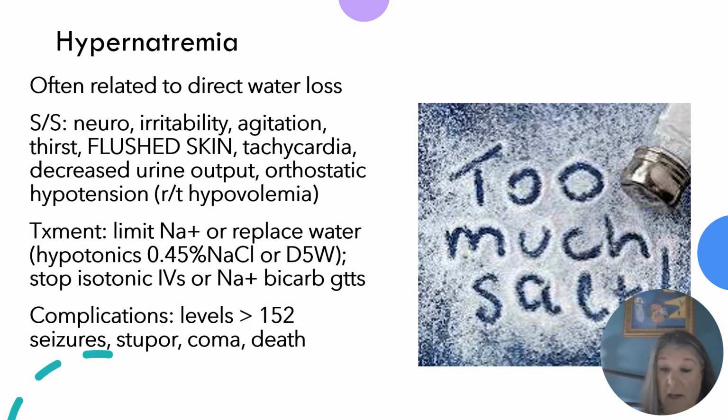With half NS, we're going to be putting more fluid back in than sodium. Complications greater than 152: seizures, coma, death. So seizures, coma, death are a thing, period, with too little or too much salt. We always worry about that, and we worry about those changes in mental status.